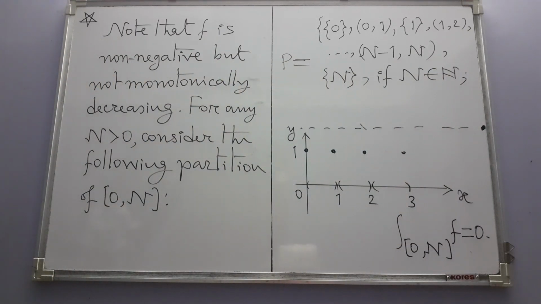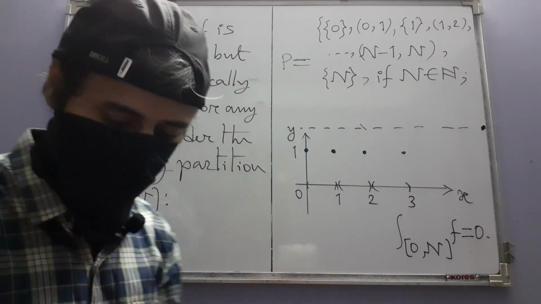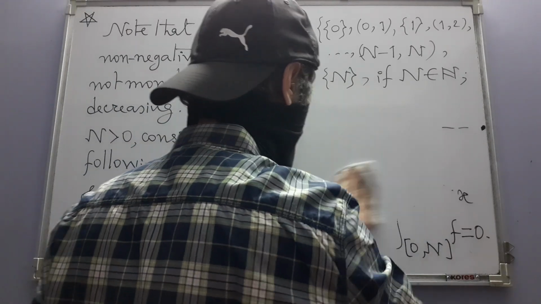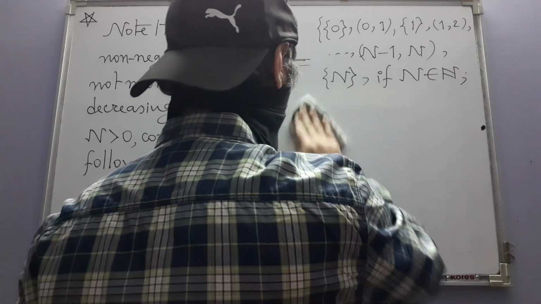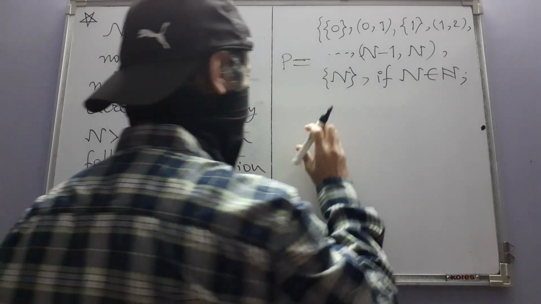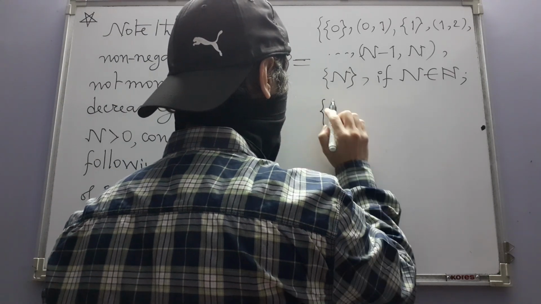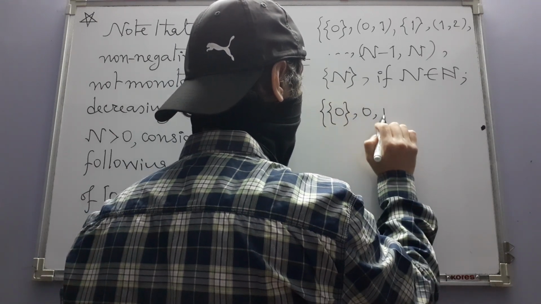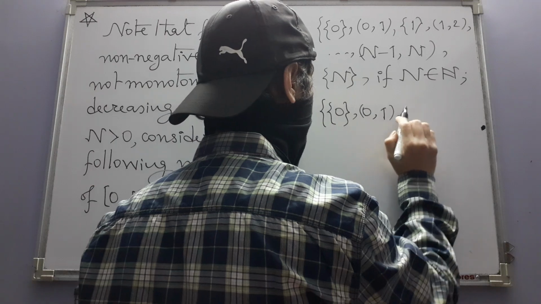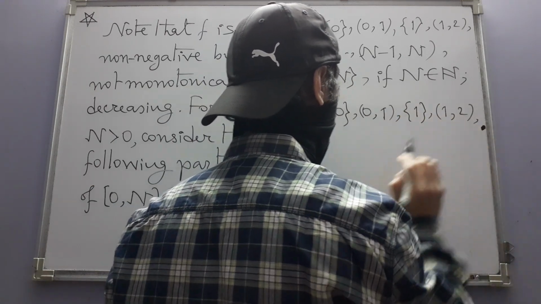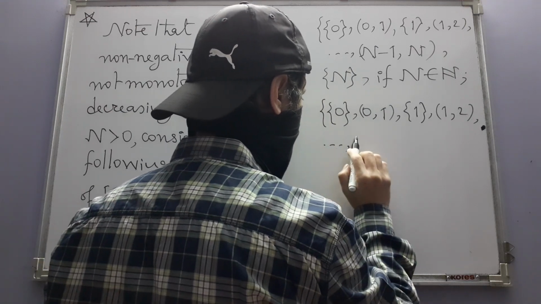But if n is not a natural number, then what? That is why we define the partition itself partly, okay, in parts. In that other case, also we start as above, but we cannot end like that. 1, 1, 2, and so on.